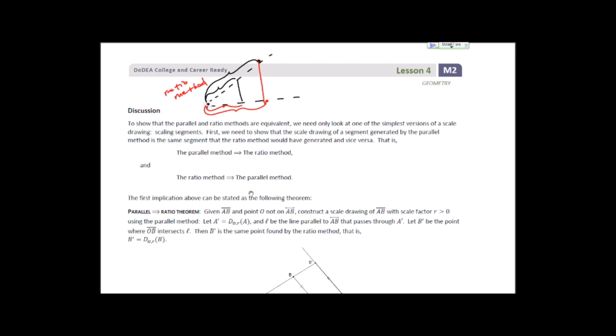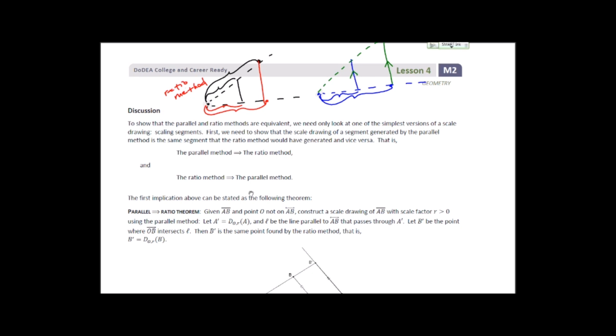The other method we used, which was called the parallel method, we would use the ratio method for only one of them, take that length times the scale factor to get this one, but then I simply construct a line parallel to this one, and wherever it intersected here is where it should be.